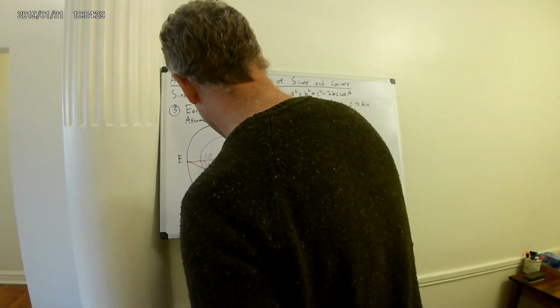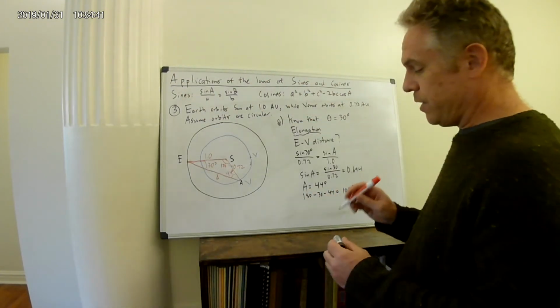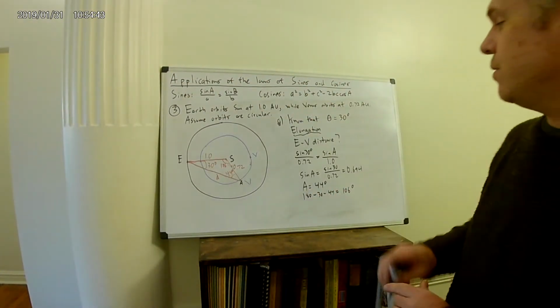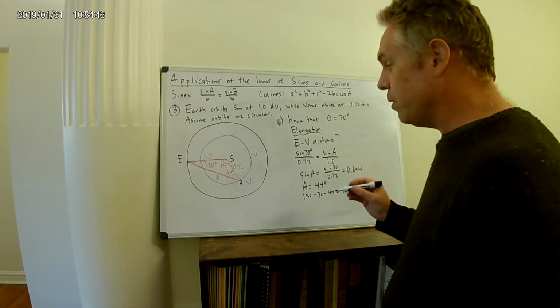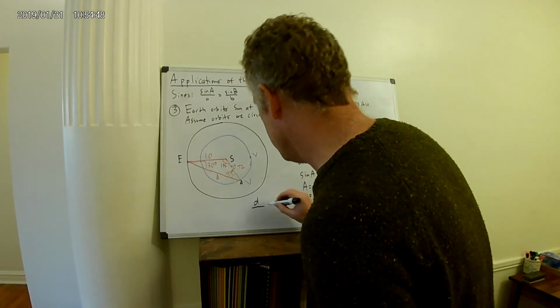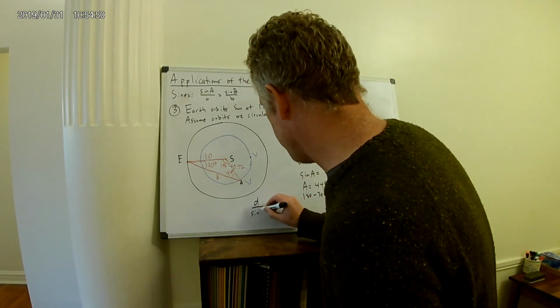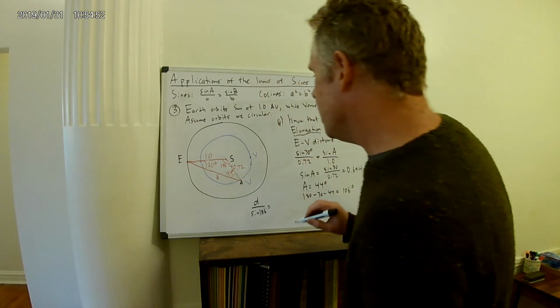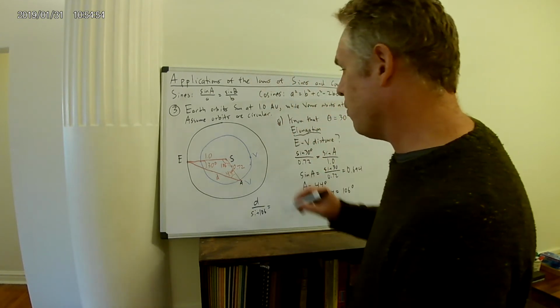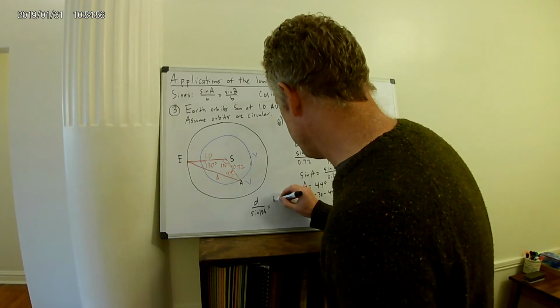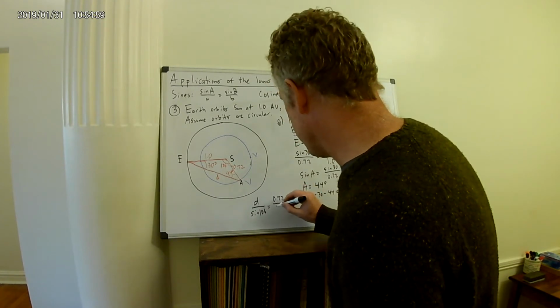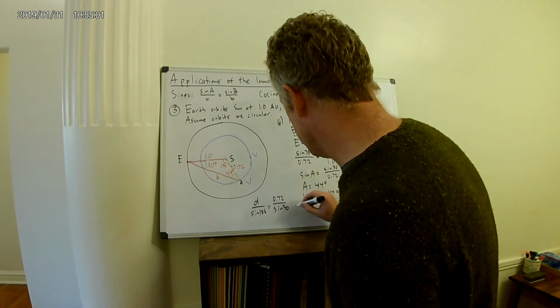Basically solving this triangle. That's 106 degrees. Now I'm poised to find the side length d. So again, I'm going to use the law of sines. d divided by the sine of the angle opposite, which is 106, equals, I can pick another pair here, equals 0.72 divided by sine of 30 degrees.